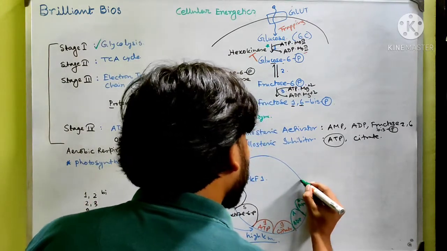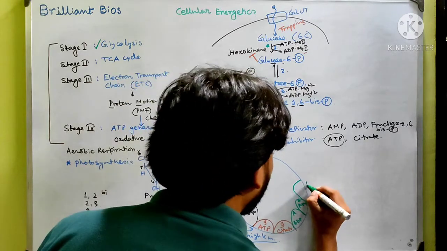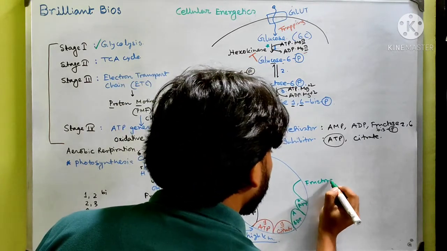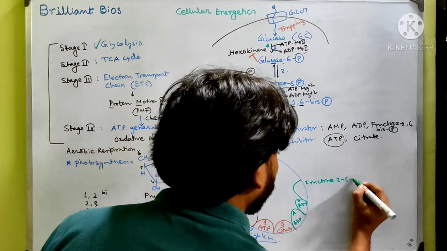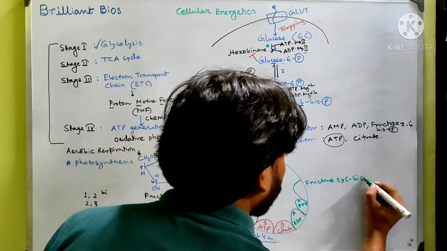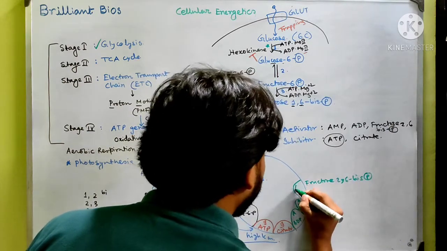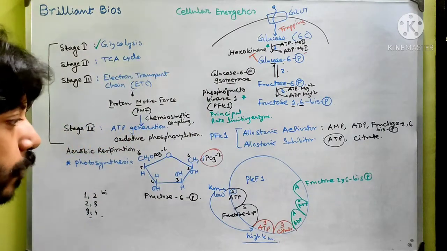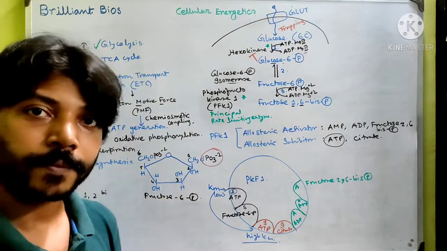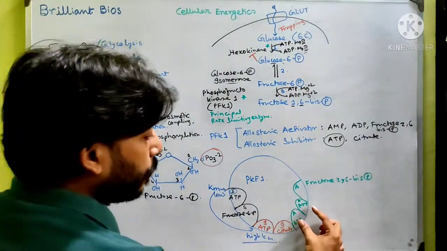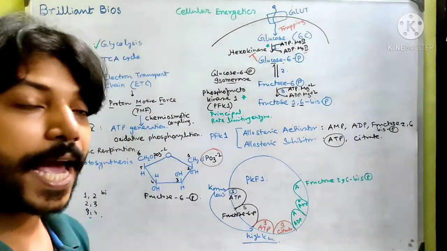Then another activator is fructose 2,6 bisphosphate. This is also an activator, and it binds with the allosteric activating site.